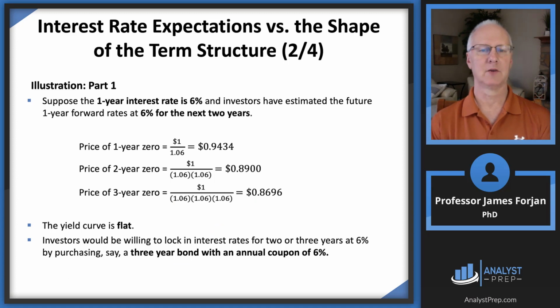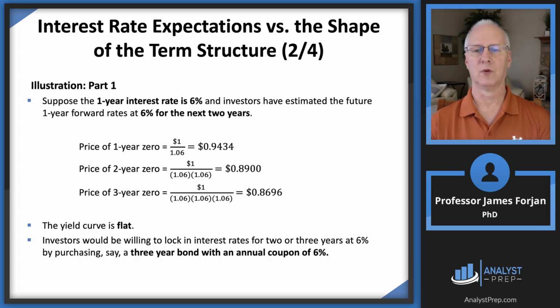Now let's take a quick example here. In the first part of the chapter, what the author assumes is that there is no uncertainty surrounding interest rates. So we know that the 1-year rate is 6% and forward rates in the future are going to be 6% over the next 2 years. All right, so we can use that information to compute the price of a zero coupon bond.